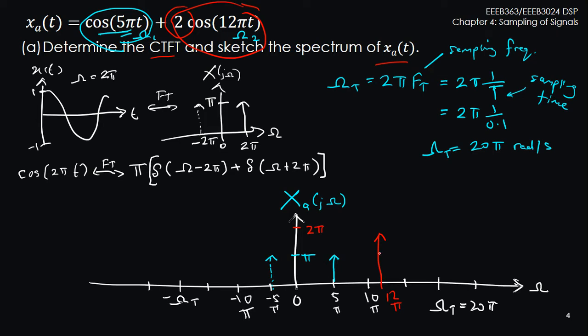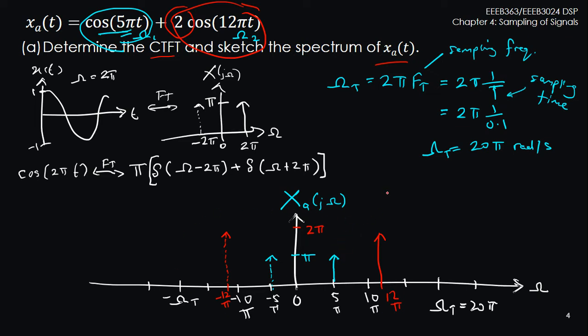And as before, when you have one pulse, you must include the pair. If you see my convention here, I put the first or positive spectrum as a solid line and its pair as a dotted line. So this here is your answer to determine the sketch of the spectrum.